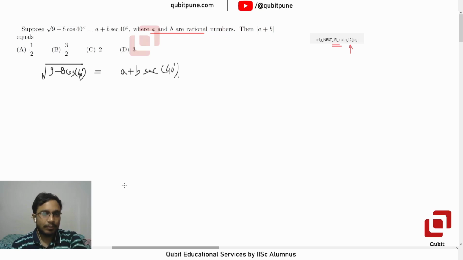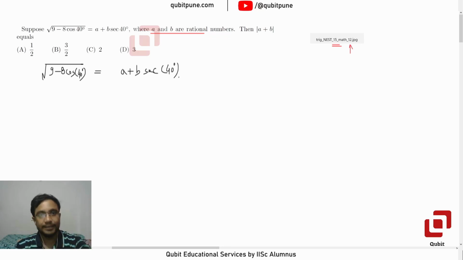The thing about this problem is if you square and then try to simplify that, you don't actually go anywhere, and the reason is very clear. We have got two unknowns here, a and b, and we have only one equation at our disposal, so we need something else. If you don't get it in the exam, then I don't think there is any possibility that you will be able to solve the problem.